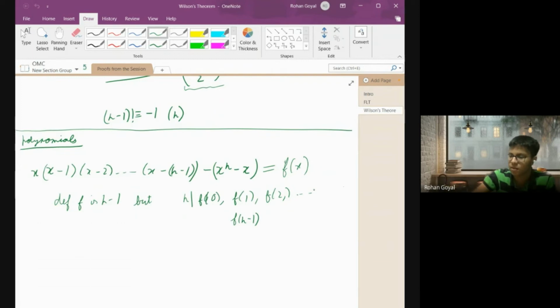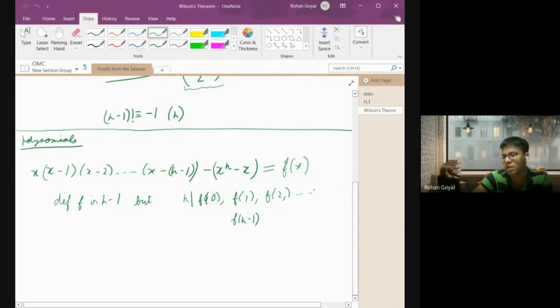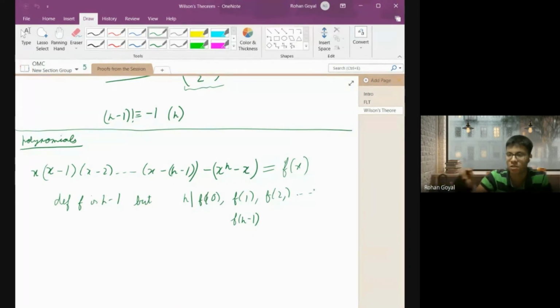If you have n roots, then the degree of the polynomial is at least n. You can argue the same in mod p. You have p roots, but the degree of the polynomial is less than p. So it must be 0 mod p in the sense of the polynomial itself.